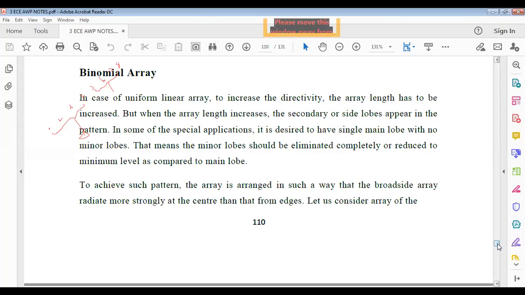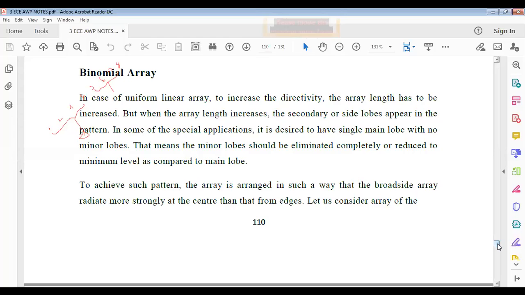The theme behind this is that excitation current magnitudes play a key role in drawing the radiation characteristics of that group of antennas. That's why, to find out excitation levels or excitation amplitudes, the concept of binomial array is used here.